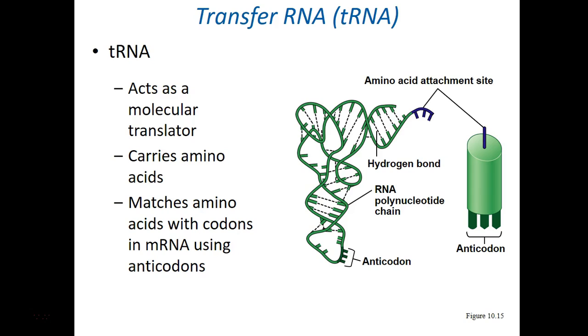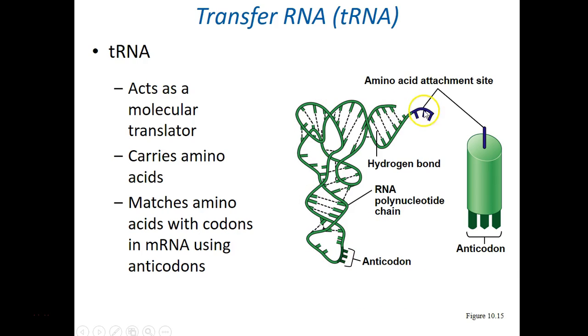You also need something called tRNA or transfer RNA, and this is a small piece of RNA that carries specific amino acids. So for as many different codons as there are in the universal code, there are that many different tRNA. So each codon has an anticodon, which you can see at the bottom of this tRNA molecule.